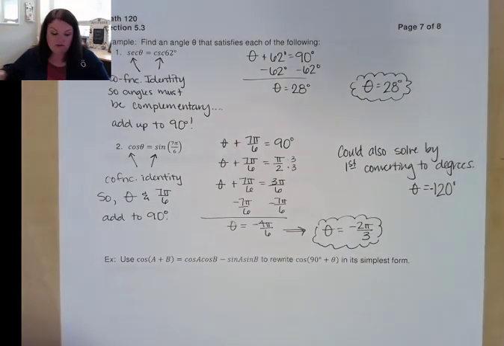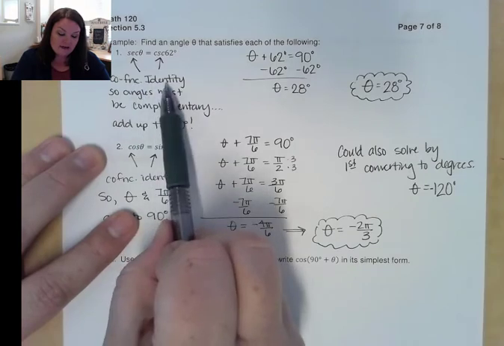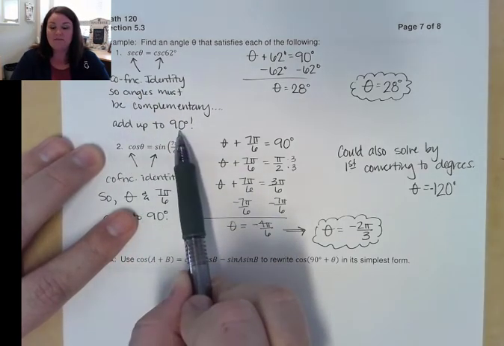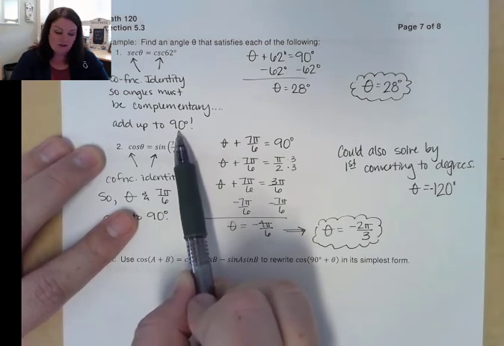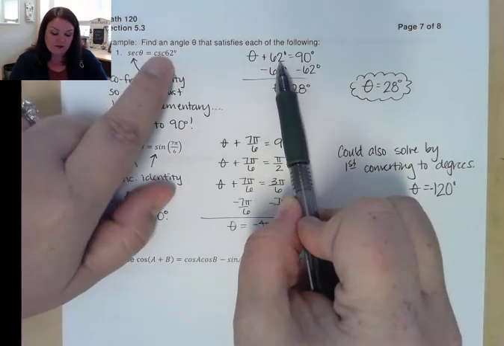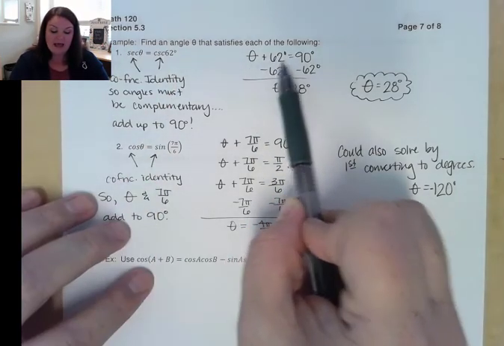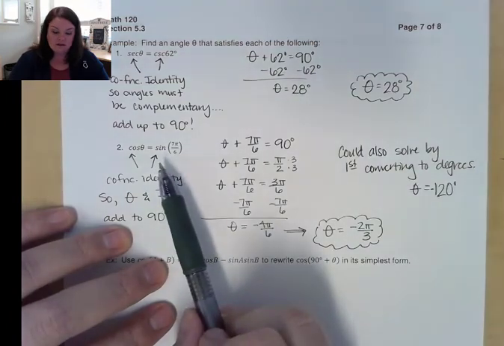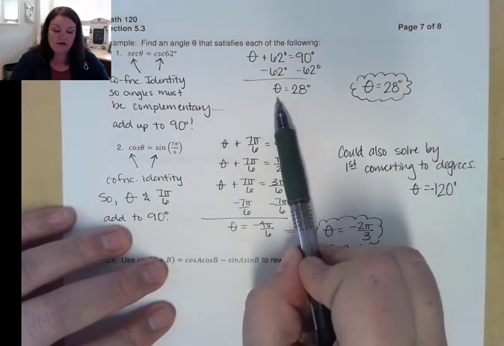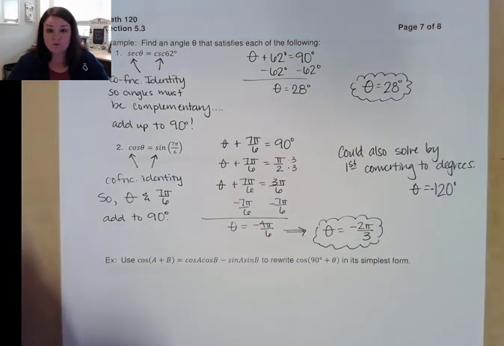So when you see this cofunction identity, that means the angles must be complementary, which means they must add up to 90. So we're going to use that idea to solve this. So our first angle theta plus our second angle 62 has to add up to 90 degrees. So I subtract my 62 degrees in order to solve for theta, which means that theta is equal to 28 degrees.